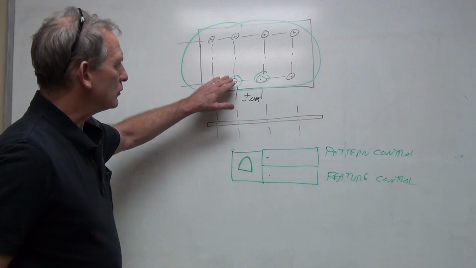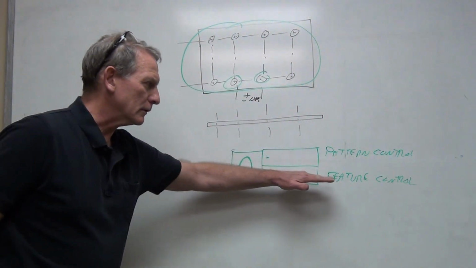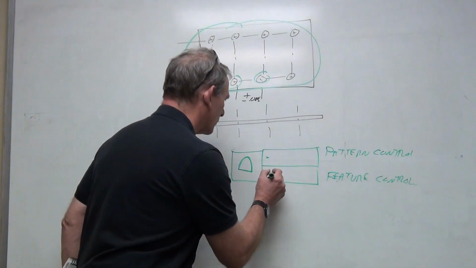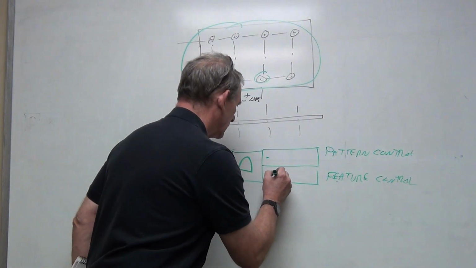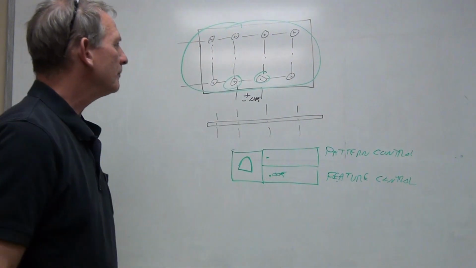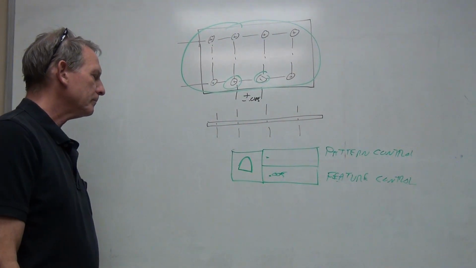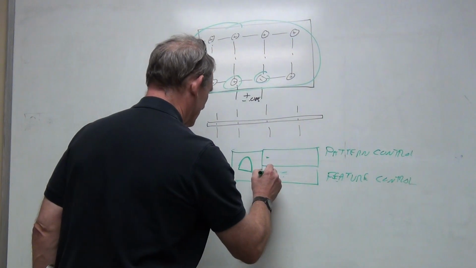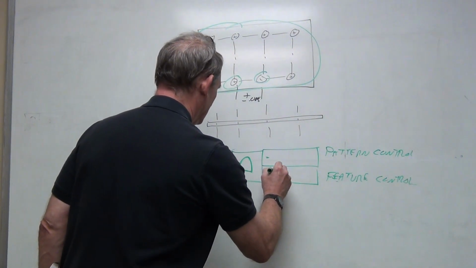So the individual spacing from hole to hole is the feature tolerance, and it's going to be a small number. We said 0.005. Actually, if we're going by that plus or minus 5, we would say 10 thousandths.